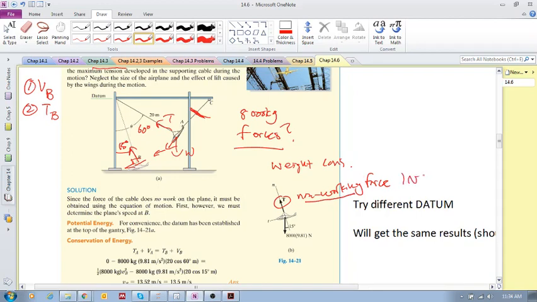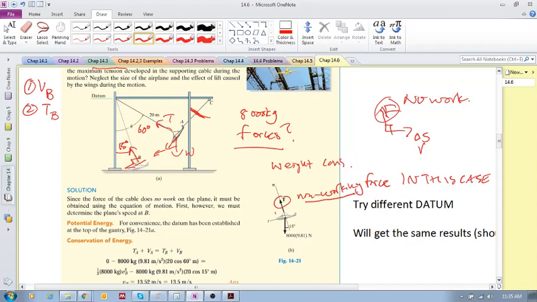Remember, in this case, anytime a force is perpendicular to the direction, if there's your force and there's your delta S or your velocity, that force that's perpendicular does no work. Okay? So we're not saying tension is always a non-working force. We're saying in this case, because tension is perpendicular to the direction of motion, it is a non-working force.